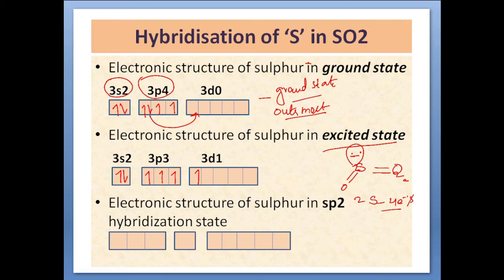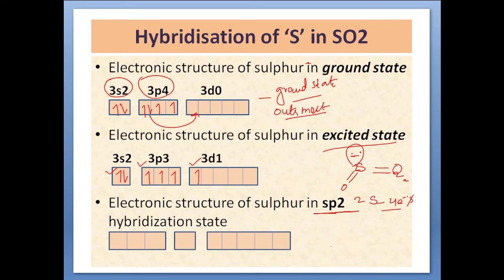See here, in this 3s orbital contains 2 electrons, 3p orbital contains 3 single electrons and 3d orbital contains 1 single electron. For sulfur dioxide, the hybridization takes place sp2 type.